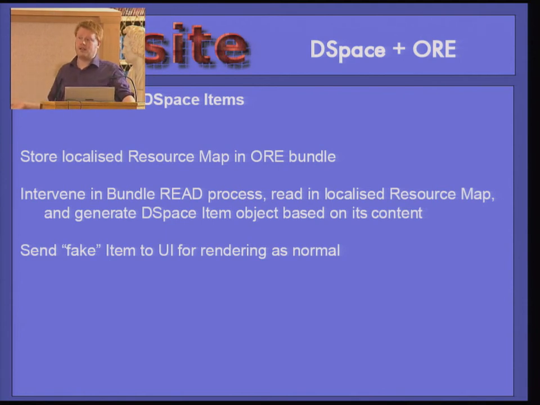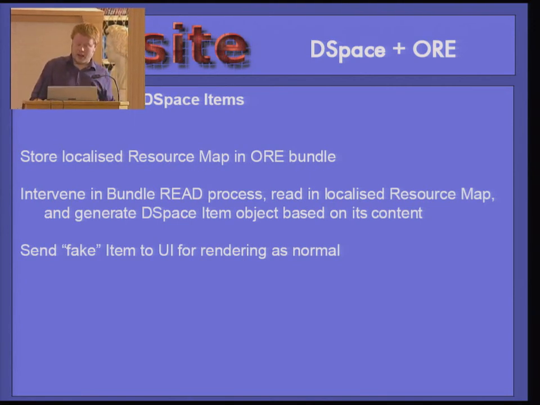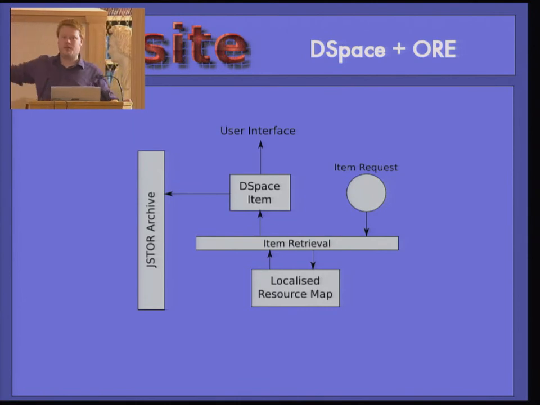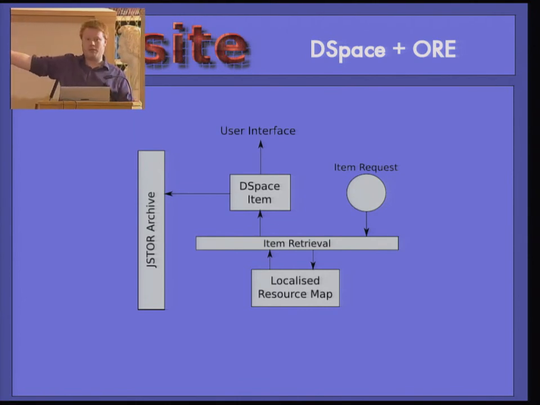And in fact, the good thing about it is with the next version of DSpace, you'll be able to simply do this in configuration to say, if there is an ORE object, then use this intervention method to render the relevant item. I can't show you a demo yet because we're not quite ready, but I can give you a little bit more of a graphical description of how this works. So you get a request, and the item retrieval mechanism will, instead of talking to a file system, talk to a localized resource map.